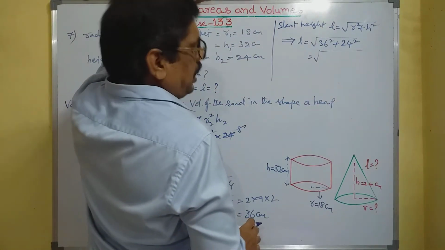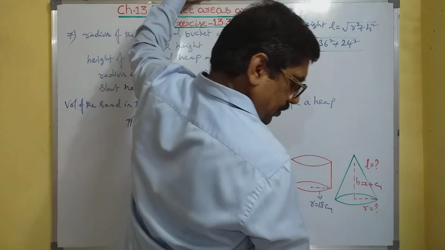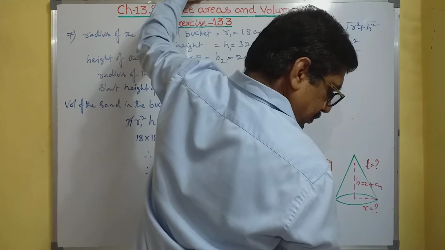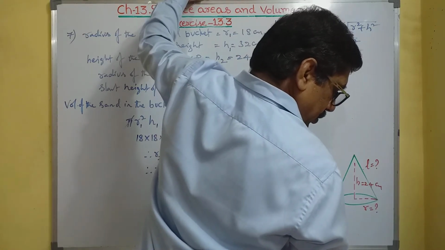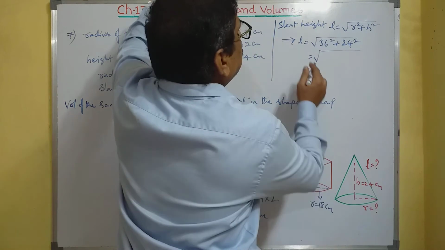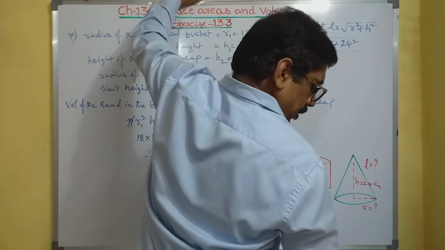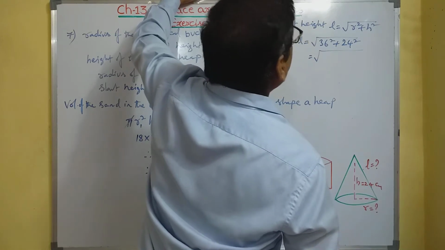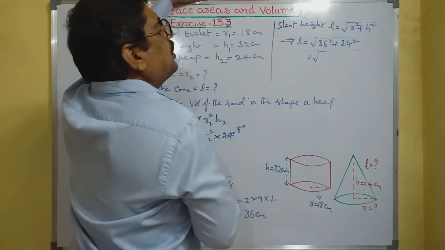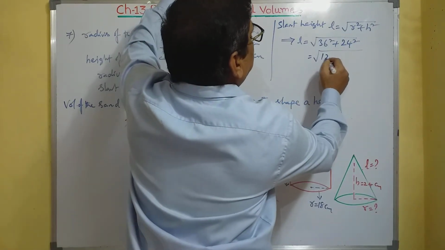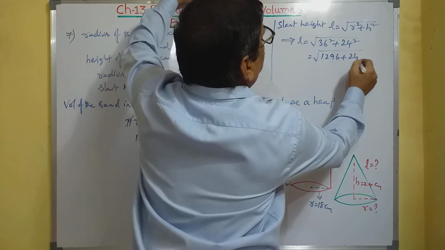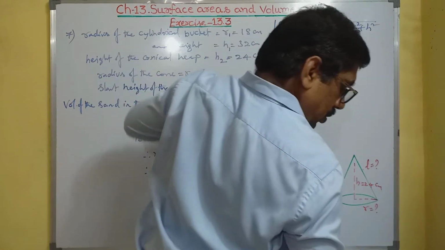The height is given 24. So L square is equal to 36 square plus 24 square. 36 square is 1296 plus 24 square.